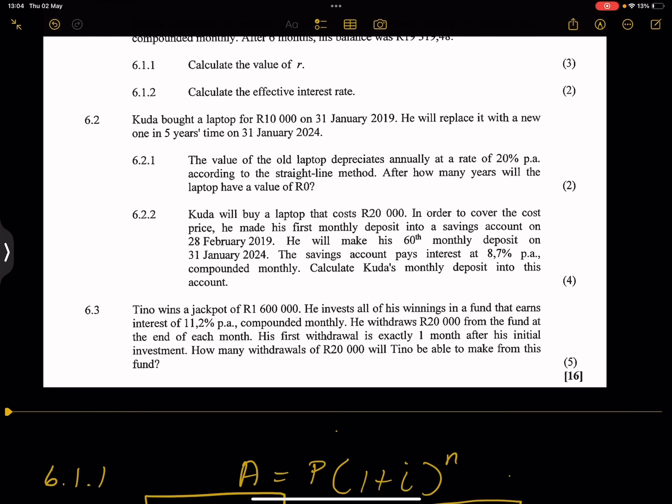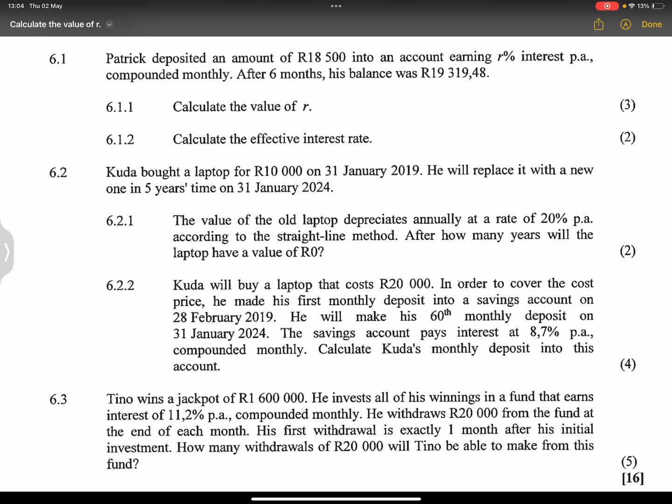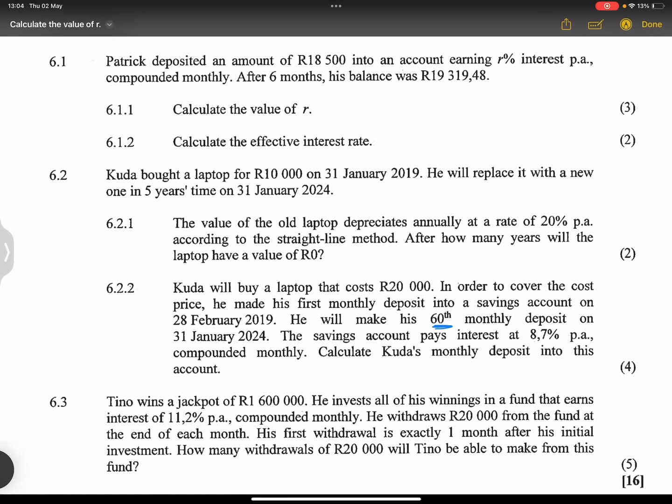Now, ladies and gents, I want you to note in this case that Kuda will make his 60th monthly deposit on the 31st of January. So that would have been 60 months exactly. In this case, he wants to buy the laptop.